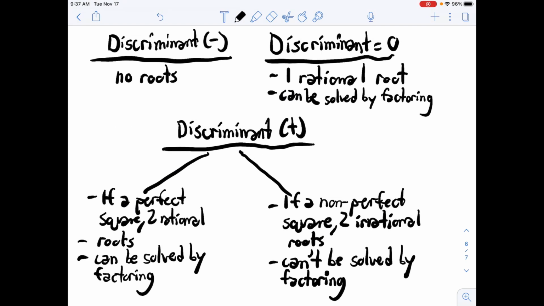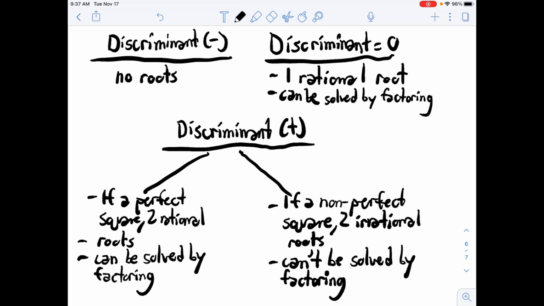So this is a basic diagram. If the radicand, or the discriminant, is negative, it has no roots or solutions. They mean the same thing. If the discriminant is equal to 0, it has one rational root and can be solved by factoring.